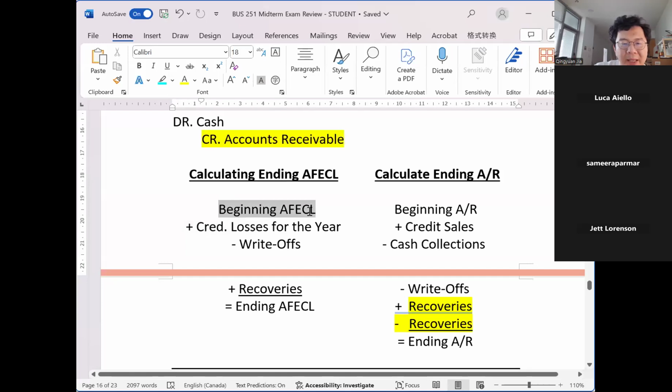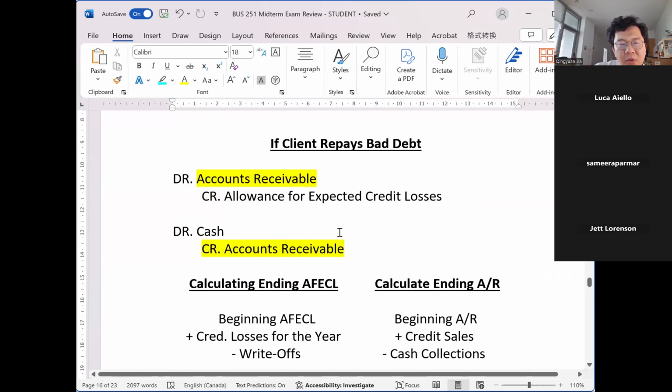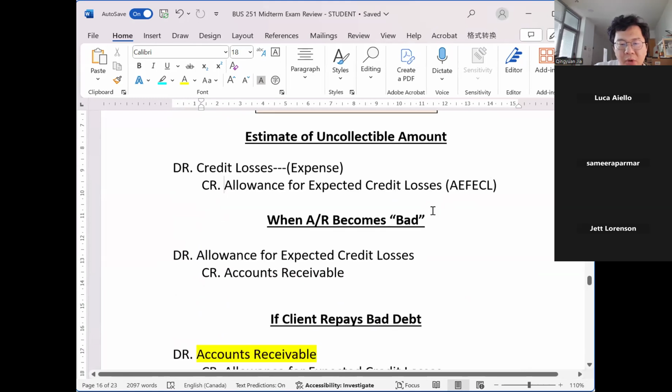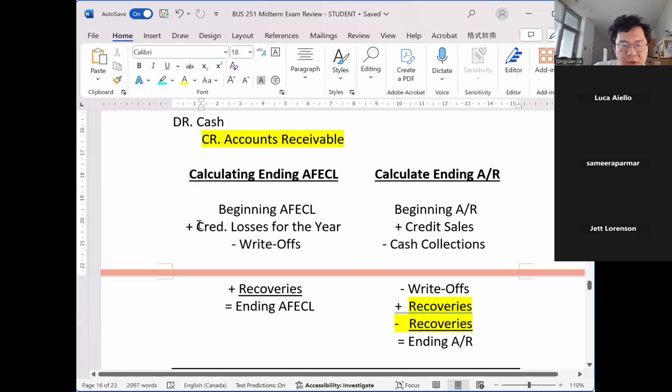We use the beginning AFECL and we add the credit loss for the year. Why do we do this? Because if we have the credit loss for the year, it means we know how much allowance for expected credit loss we newly booked. So we add this part and then we subtract the write-offs.